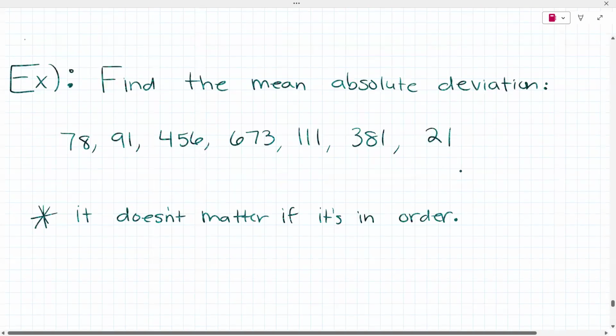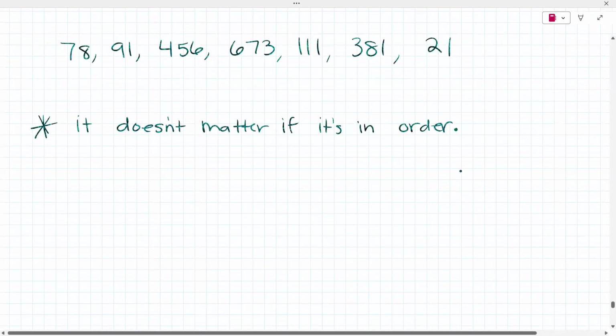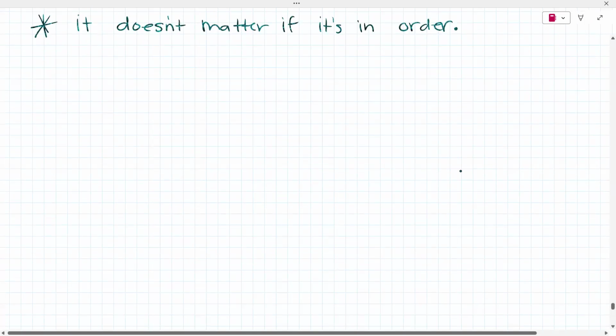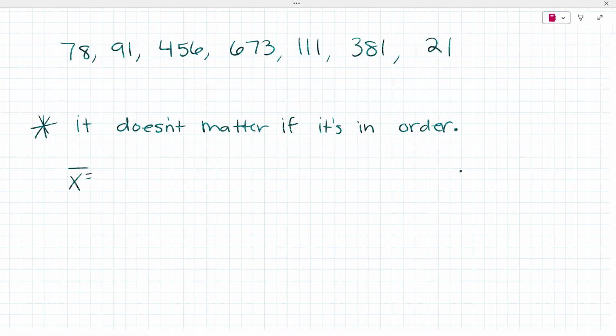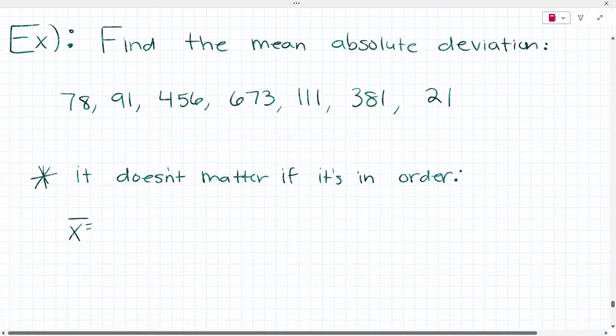So let's kind of make a table. Actually, let's find the average. What is the average? We don't have to put it in order to find the average. You just add up all the numbers.